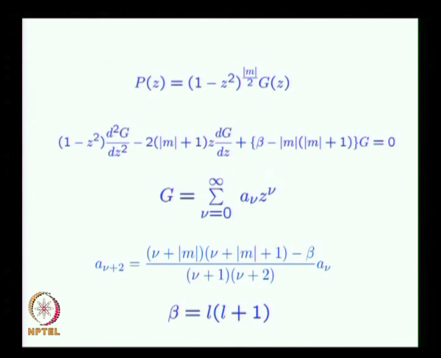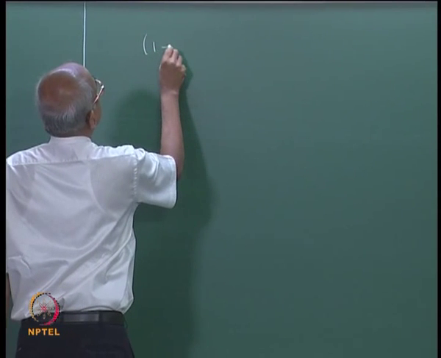So I will start from this equation. So the equation says that 1 minus z square.